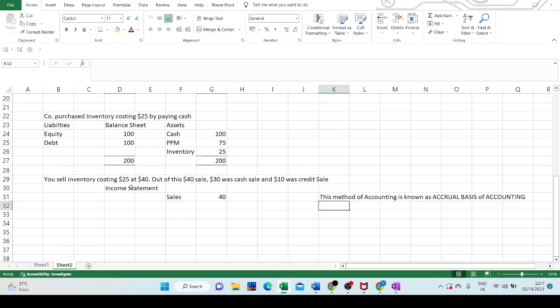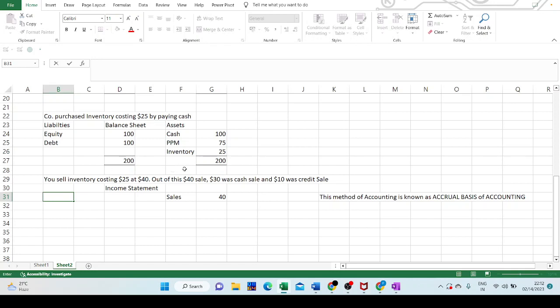It tells you that revenues and expenses are recognized when the transaction is made and not when cash is received or paid. Right? So any credit sales, any non-cash sales would also be reported as revenue, as sales in your income statement.